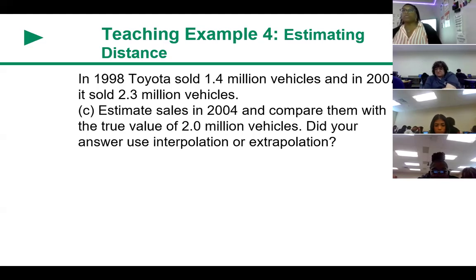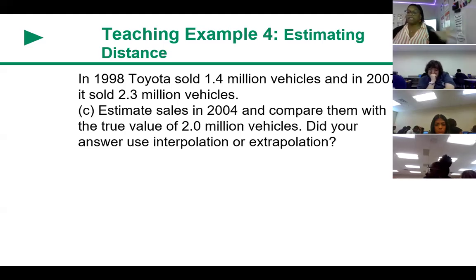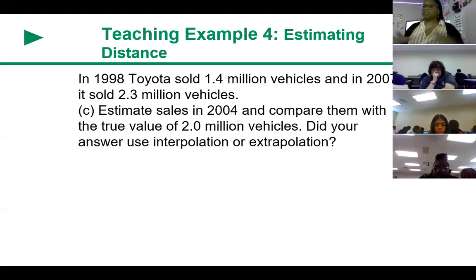So we're going to use that to interpret. Now, you see two new words: interpolation and extrapolation. Does anyone know what those words mean? Nobody. All right, I'm going to tell you what they mean. Interpolation is basically when the answer that we get is within the range of our known data. Does that make sense?